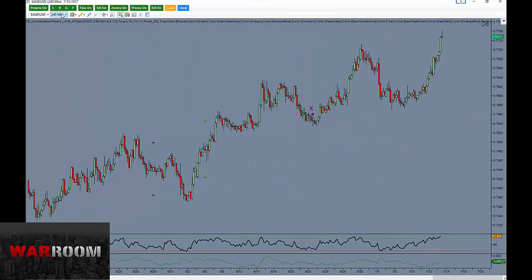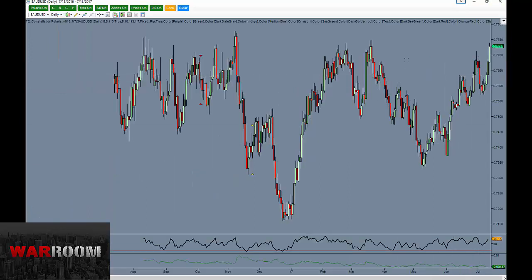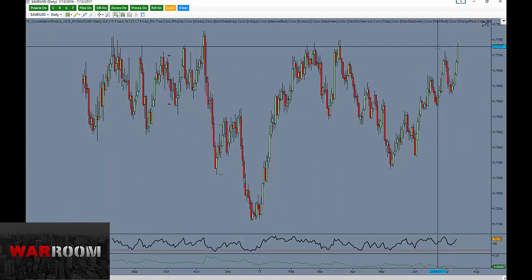So what we're looking at on the Aussie dollar, lots of people look at the markets, and the markets are subjective. Structure is subjective. Everyone's got a different idea of structure, right? Support and resistance. And if everyone had the same idea, then the markets would just be flat. The markets wouldn't move.